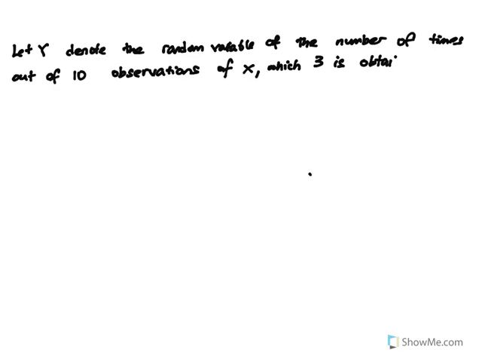So Y represents the number of times out of 10 observations of X which the value 3 is obtained, and then Y will take on the binomial distribution with n equal to 10 and probability 2 over 10. The probability that X equals 3 is 2 over 10. And with this, using our binomial CDF function, you get your answer very quickly to be 0.879.